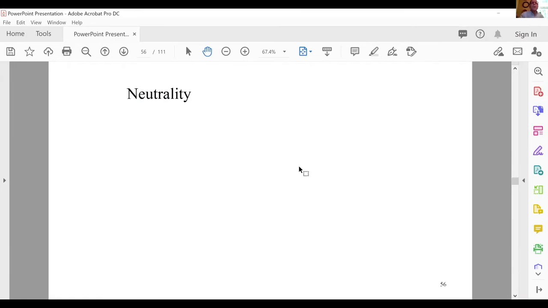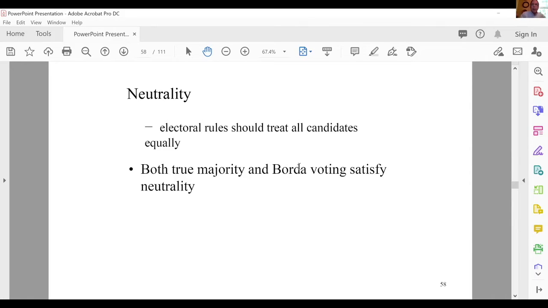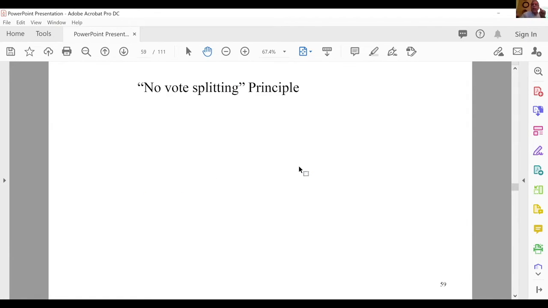Another basic principle is neutrality, which is equal treatment of candidates. All candidates should be treated equally. And again, true majority rule and the Borda count satisfy neutrality. So far there's no difference between true majority rule and Borda, but the next principle does serve to distinguish them, and that's the phenomenon that I was talking about at the beginning, which is vote splitting.